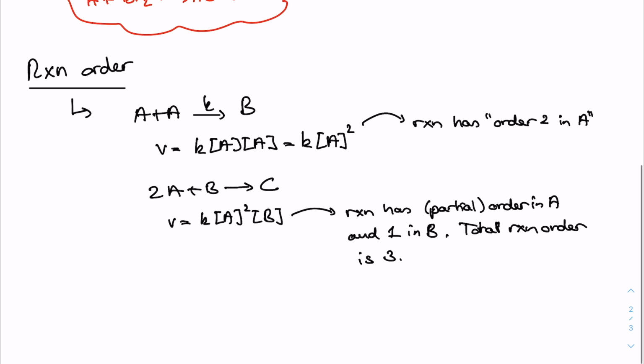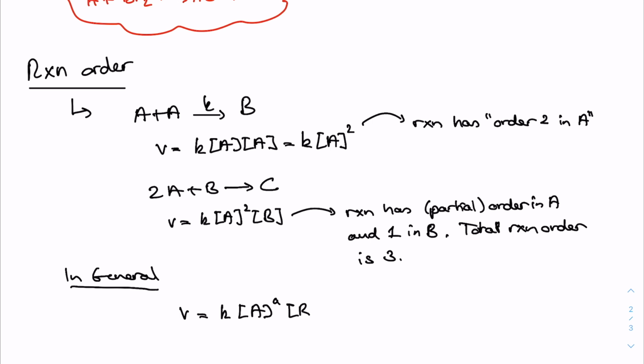Right? So in general, you have rate is concentration A to the power a, B to the power b, C to the power c, etc. And the total order n will be a plus b plus c plus whatever. Okay.